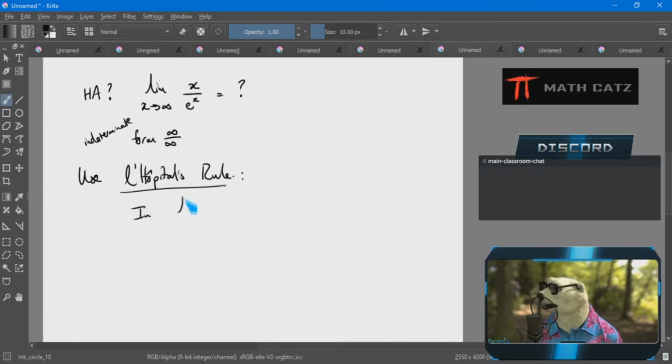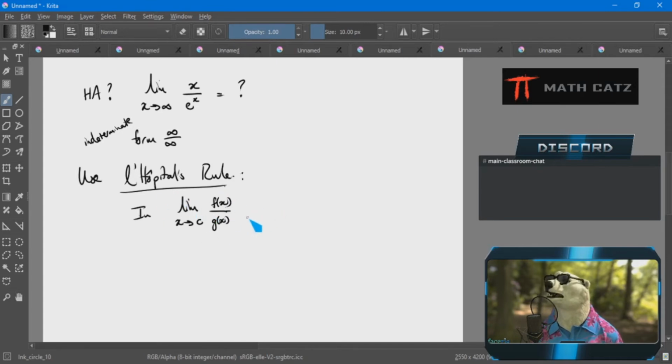In a limit, it doesn't matter what x goes to. It could be finite or infinite. I don't actually care. When I have a function, let's call it f of x over g of x, not a rational function necessarily, but it could be.